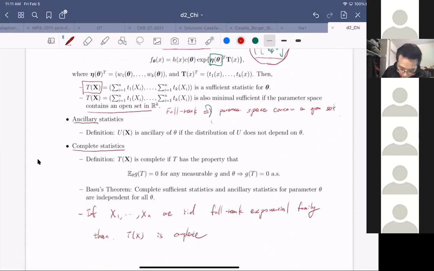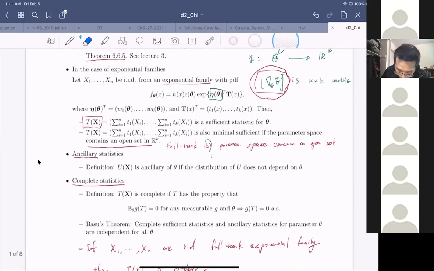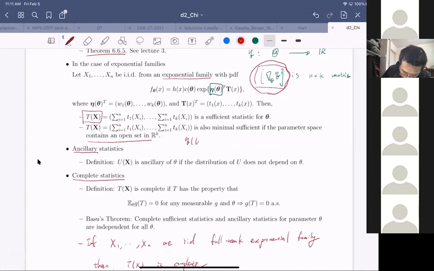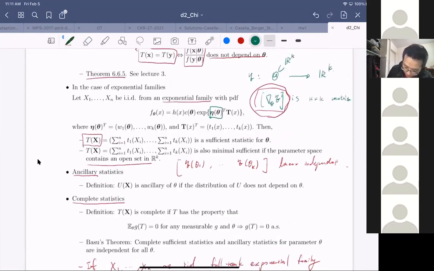You can find eta(theta_1) to eta(theta_k), and these are linearly independent. So if eta is a function to R^k, you can also find this.